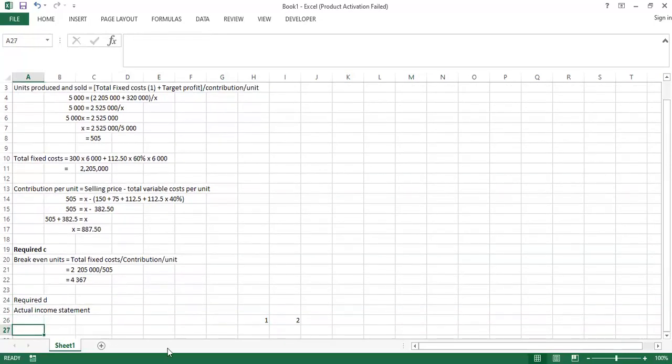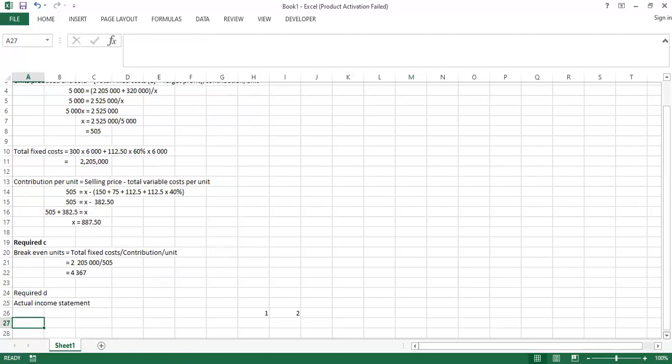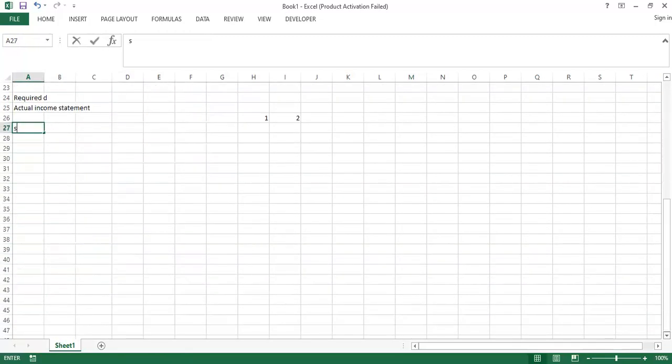Right, so if we're using the absorption, you already know the formula for that one. It's going to be sales and then cost of sales. With the absorption, that's where we want to have gross profit, which will make use of opening inventory, and then production costs, and then closing inventory.